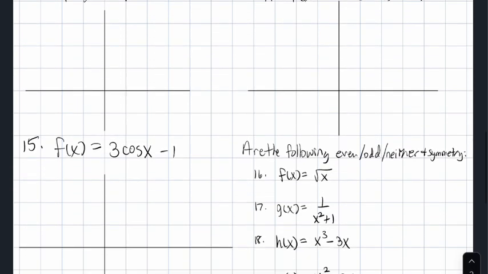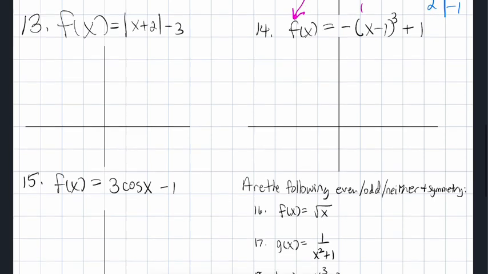So we're going to move that to the left 2 and down 3. To verify that, just like the square root we began with in our graphing section, if you set x plus 2 equal to 0, you do get -2. That kind of tells you where the starting value is.